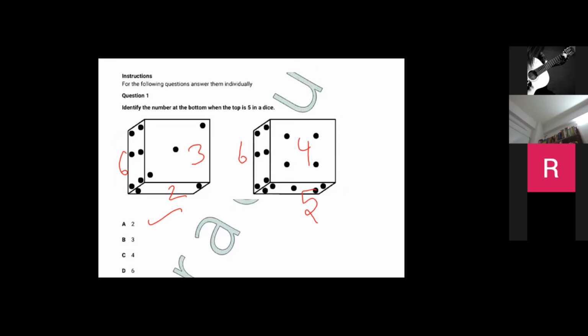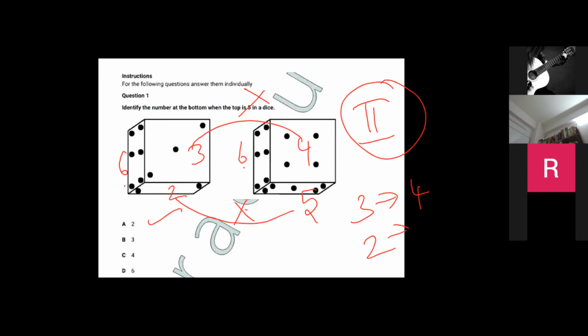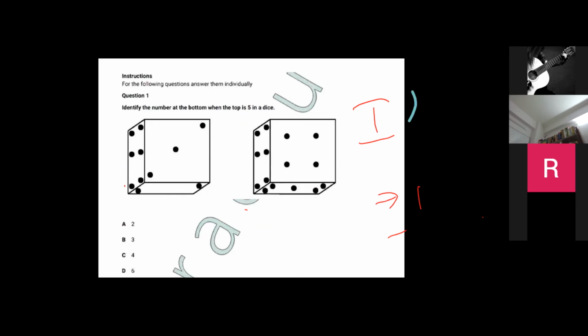So this is type number 2, having one side common. So the other 2 sides are exact opposites. 3 and 4 make a pair. 2 and 5 make a pair. Our question is what is the opposite side of 5? The correct option is option A. Very good. Let us move on to the next question.